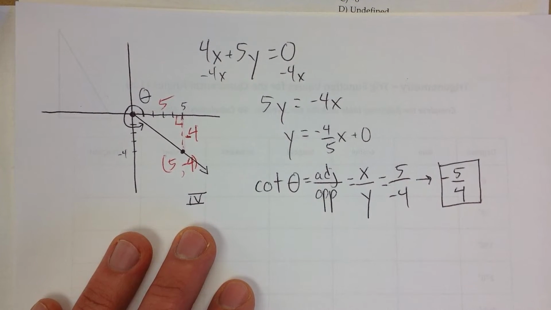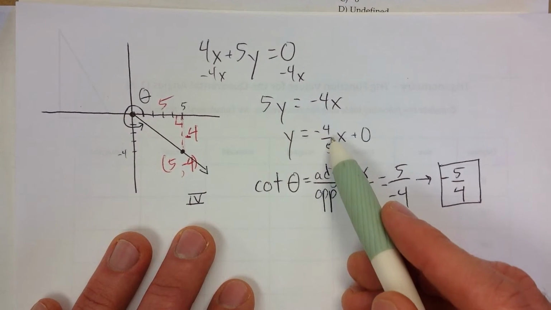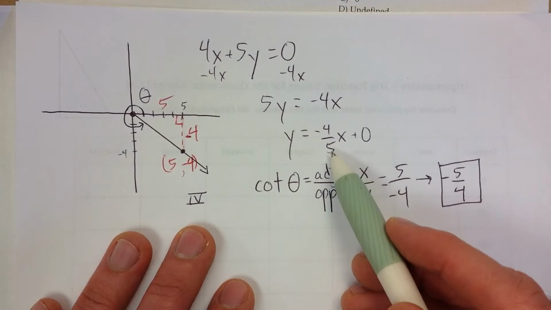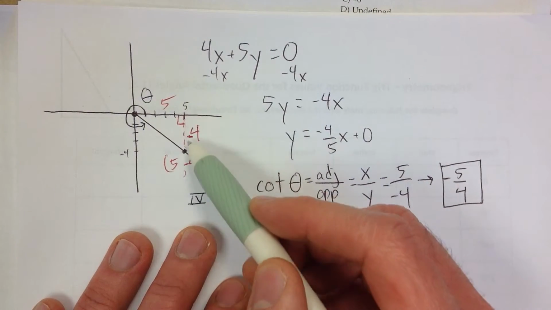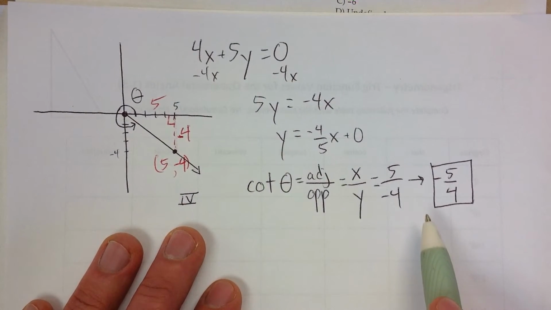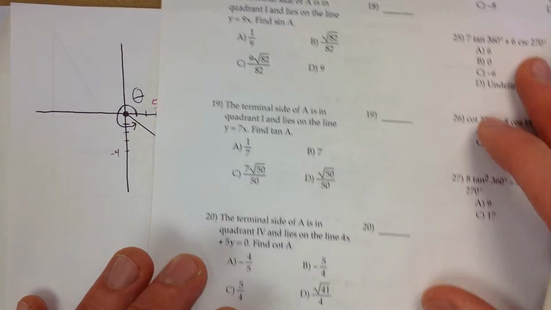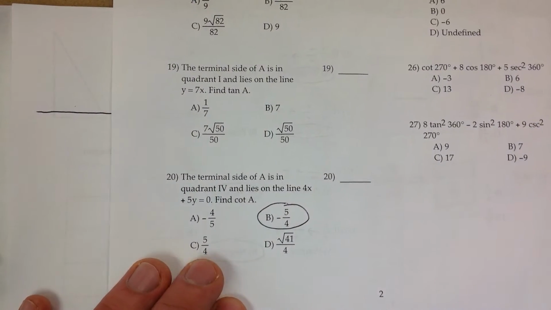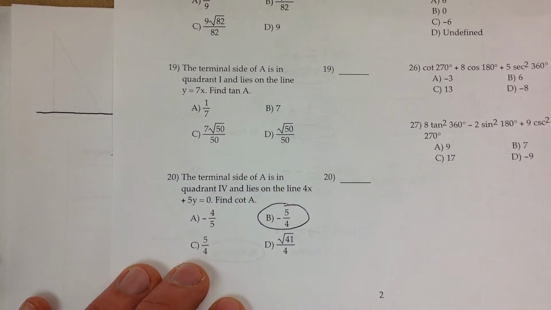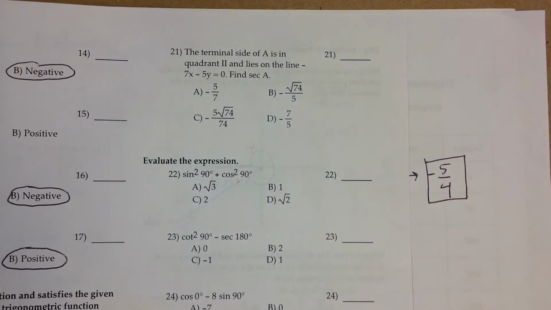It has to do with the slope. So do you agree that the slope is negative 4/5? Yeah. All right. That means go down 4 and go to the right 5 from the origin. Yeah, so the y is negative 4 and the x is 5. So I think that's correct. That looks like choice B. Okay, any questions on 20? Again, just find a point and you can pretty much take it from there. 21.